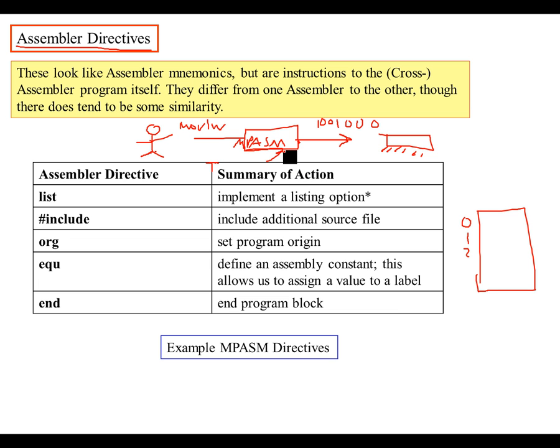One way to pass information to the assembler would be to have drop-down boxes inside the tool, where you would say turn the watchdog timer off, or include this file. But another way is to simply write out those commands in the actual code itself. Then you don't have to worry about setting all those options in whatever tool you're working with, so it makes your code a little bit more portable.